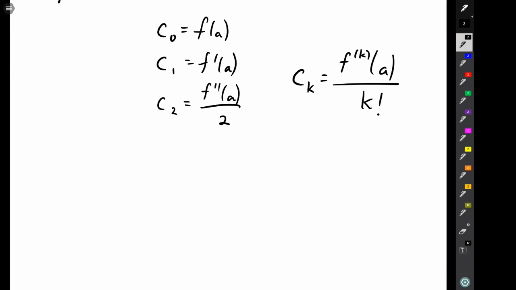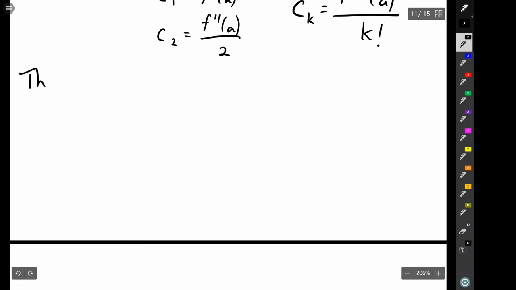In other words, let's define here a Taylor series. All right?